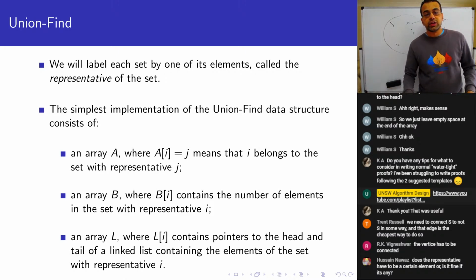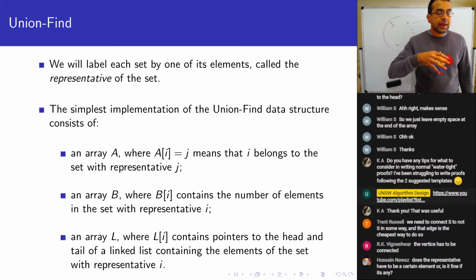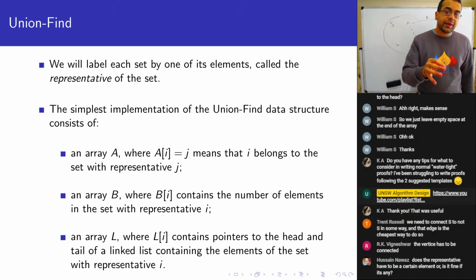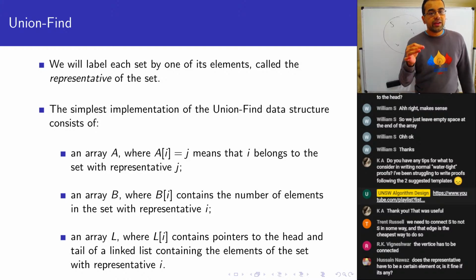So how do we initialize? How do we make union find? Well, we put everything in a singleton set. So everything belongs to a set on its own, which means everyone is their own representative. Because you're the only thing in the set, you have to be the captain, right? So initially, every A[I] is just I itself, every B[I] is 1, and every entry of the list array just contains pointers to a singleton linked list.